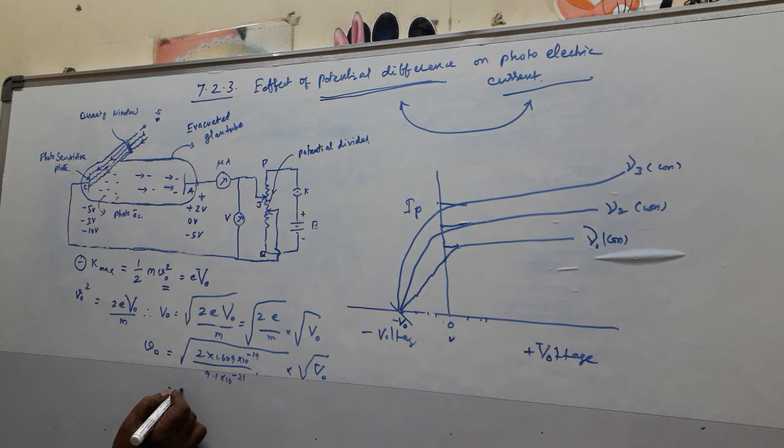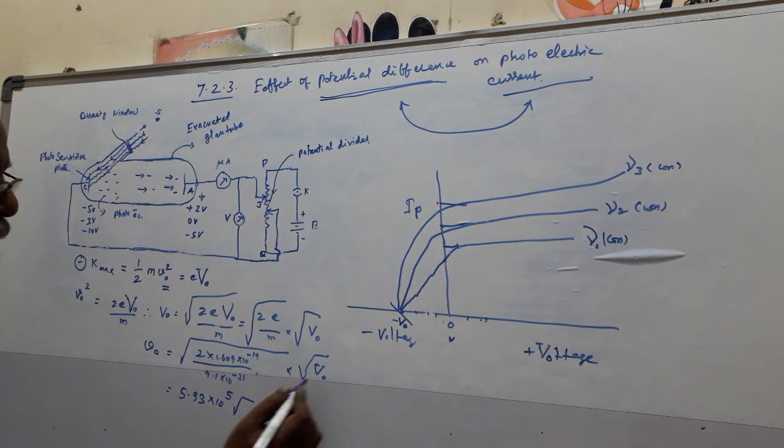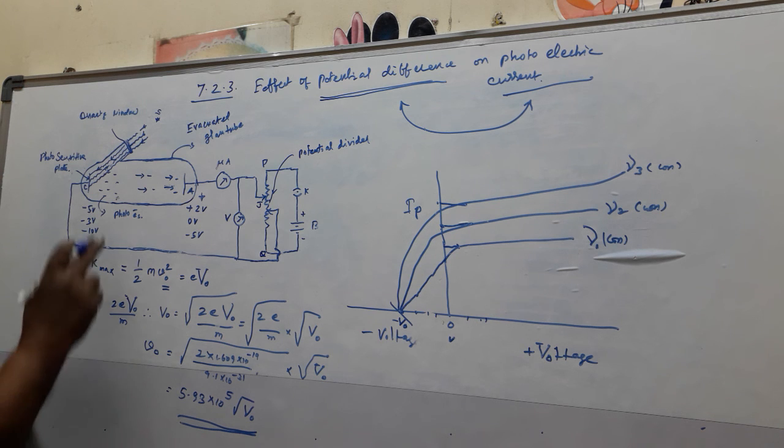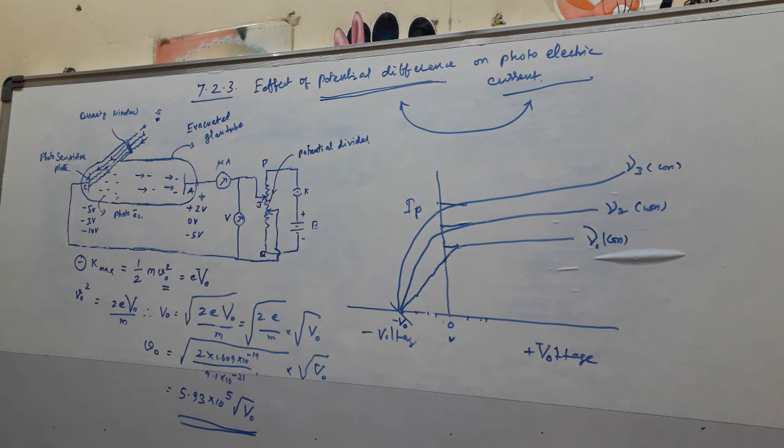Finally, we get 5.93 into 10 power 5 multiplied by root of V0. This is the velocity of the electron, the fast moving electron. This is a very important conclusion from this chapter.